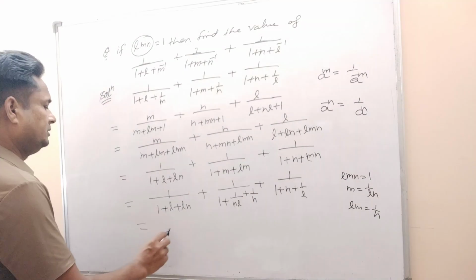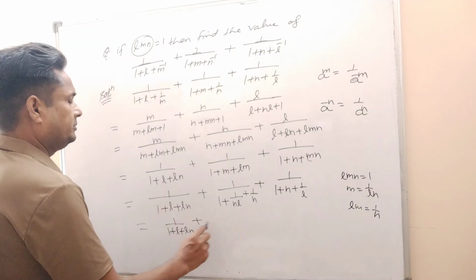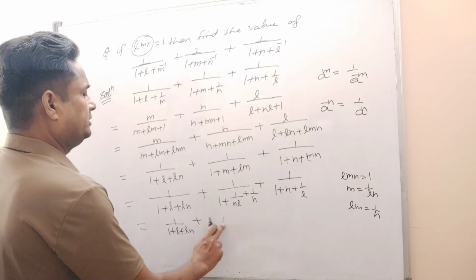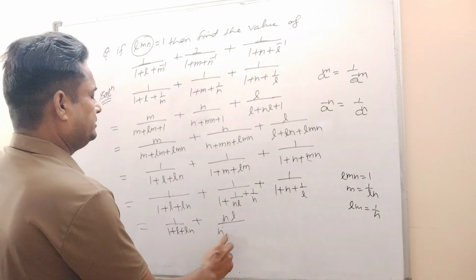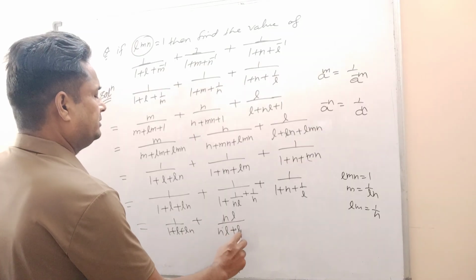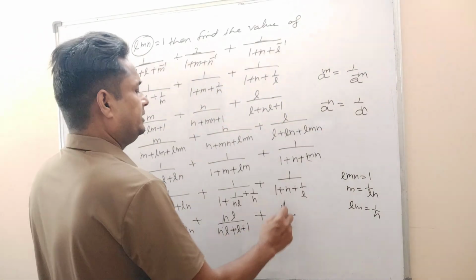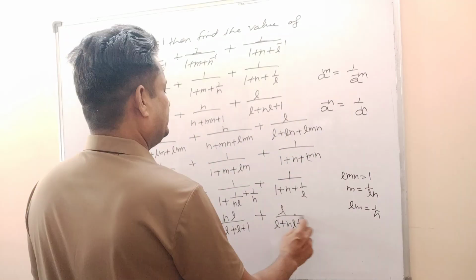Simplify this. So this will be 1 plus l plus ln plus, take LCM from here. This will be how much? This will be nl divided by nl plus l plus 1, plus from here this will be l divided by l plus nl plus 1.